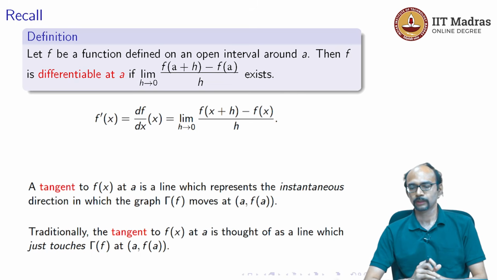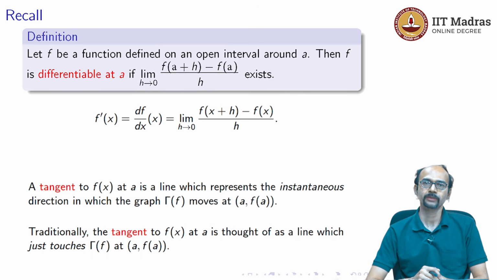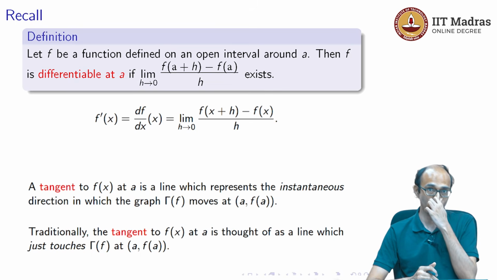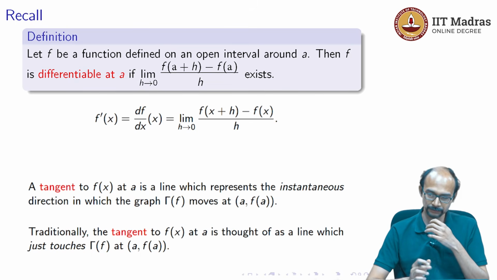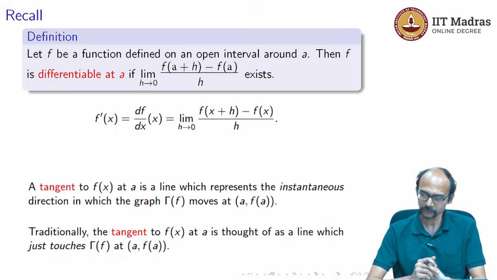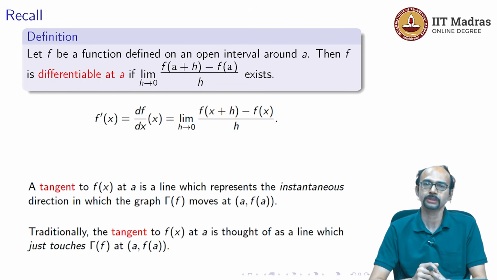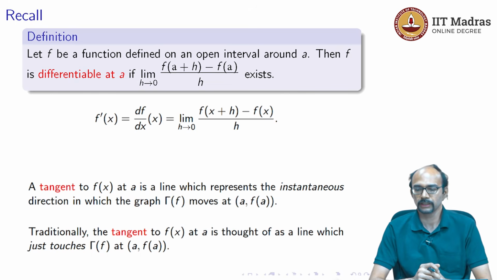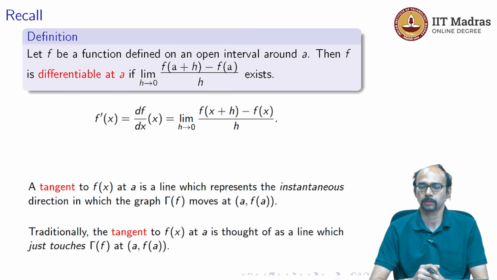Okay. So, now let us recall that when we started doing differentiability, we had this example of the instantaneous speed. That was the motivation for differentiability. If f denotes the trajectory of a particle, then this limit as h tends to 0 of f of x plus h minus f of x divided by h was supposed to denote the instantaneous speed.